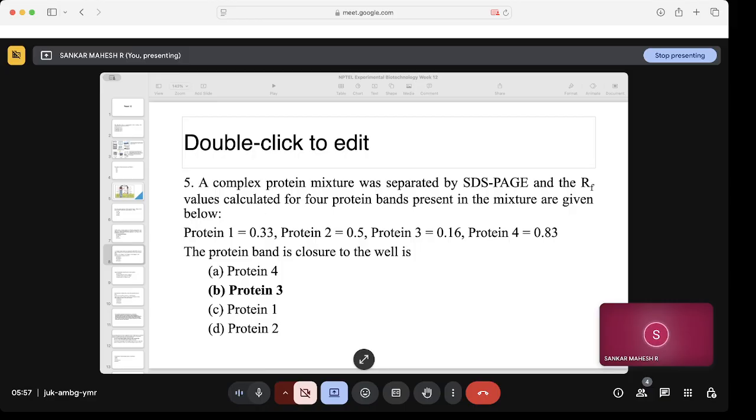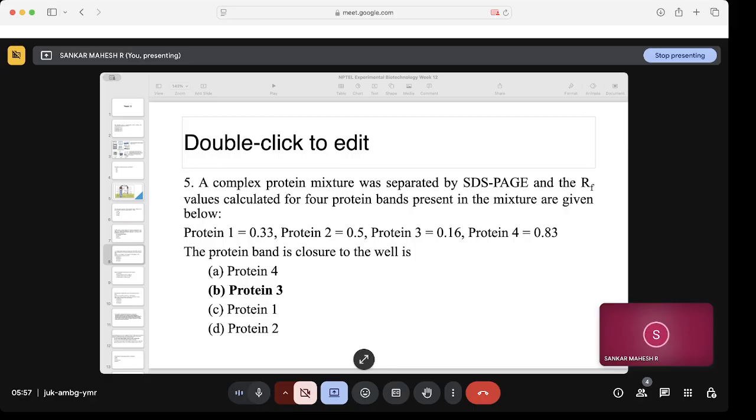Is it actually calculated only for proteins? Does it have any formula? Sir, Rf means retention factor, sir. Yes, retention factor. I mean distance traveled by substance by distance traveled by solvent.